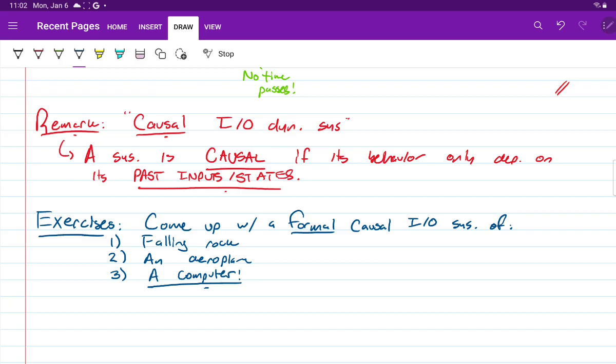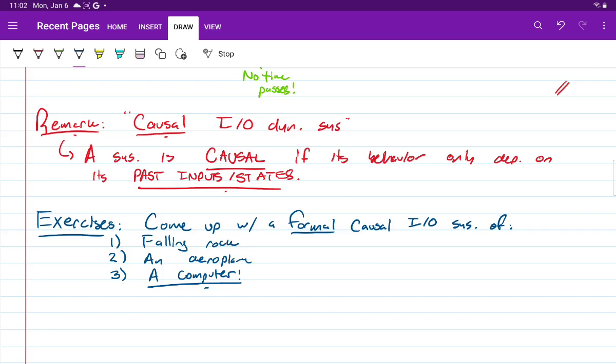Take a moment, give this exercise a go. See if for each of these different systems you can work out what the state space is, what the input space is, the time sets, the state transition map, all of these different things. I just want to remark real quick: in order to do this in a tractable way, you'll need to make some simplifying assumptions about each of these systems.